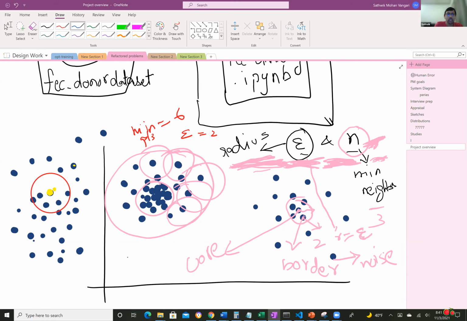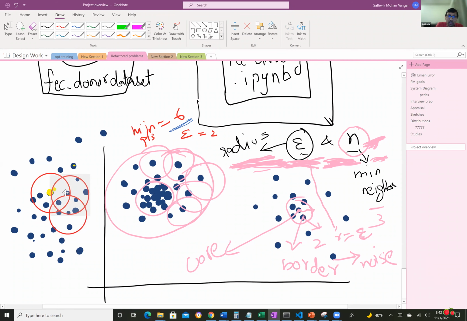But in this case, assume that even if it's cutting that point over there, let's assume 1, 2, 3, 4, 5, and let's say 6, right? If we assume that this point is also counted, and if it's the 6th point, it's meeting our minimum criteria, and in that case, it is a core point. Yes, did that clear your question? Yes, it makes sense. I just wanted to understand the exception. Yep. To the rule. So that's for the first point, right?